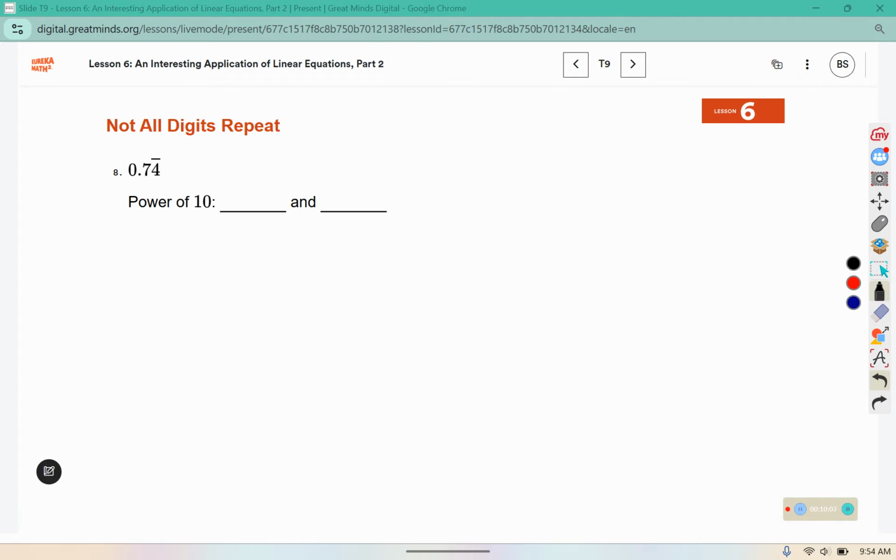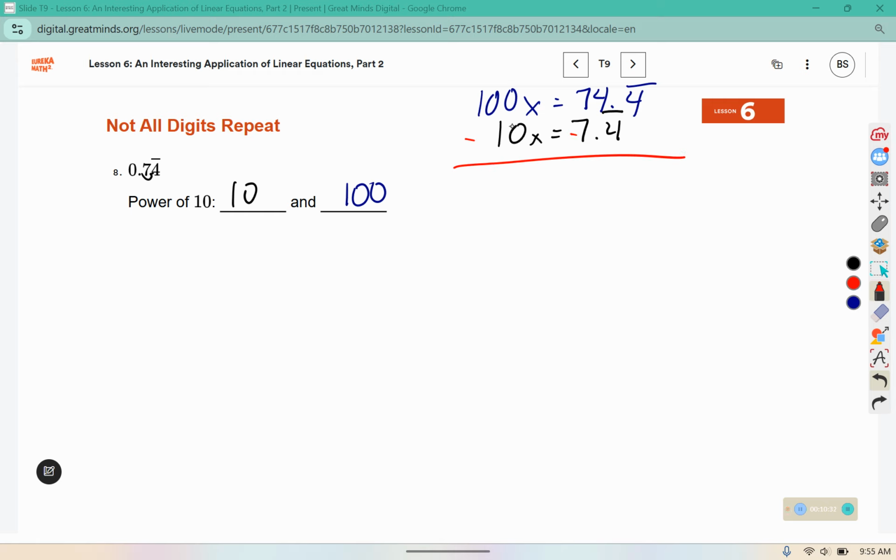This one we're going to multiply by 10, so it moves the decimal one spot. And then we need to multiply by another 10 to move that repeating piece out, so that would be 100. And then we will subtract. 100x minus 10x is 90x. 74.4 repeating minus 7.4 repeating.